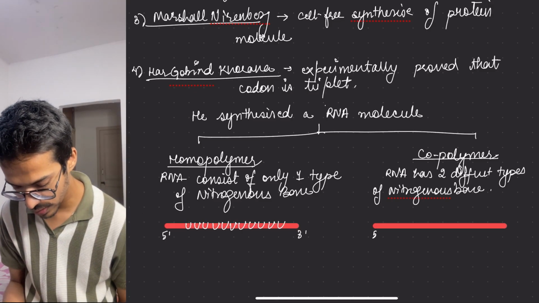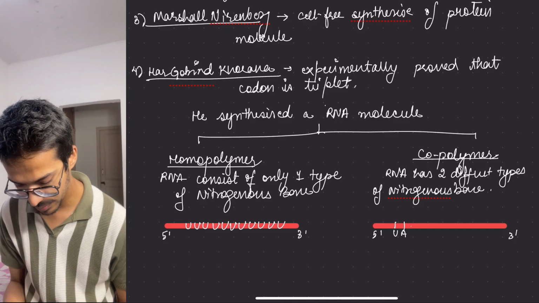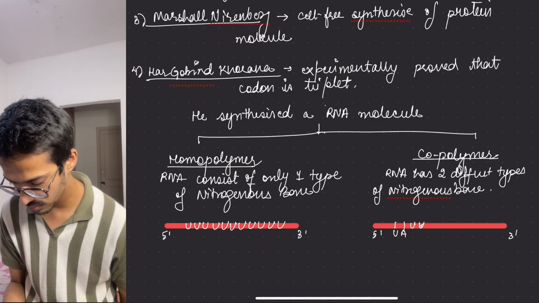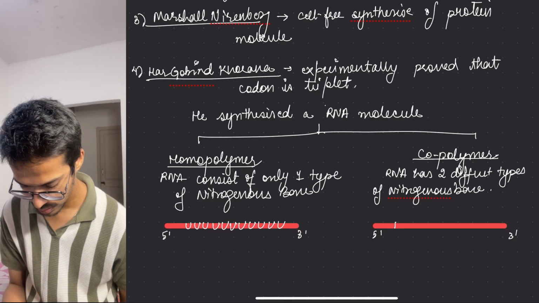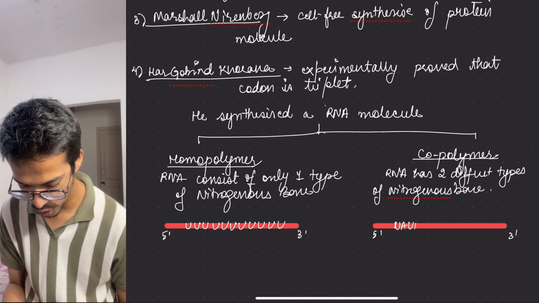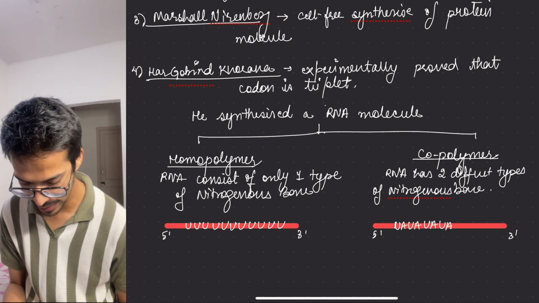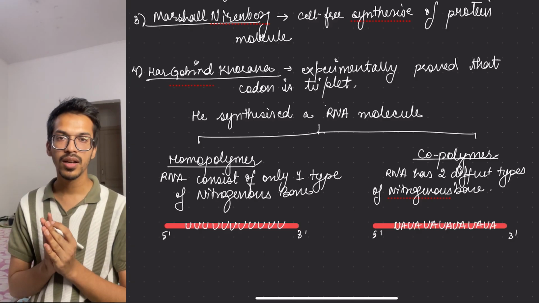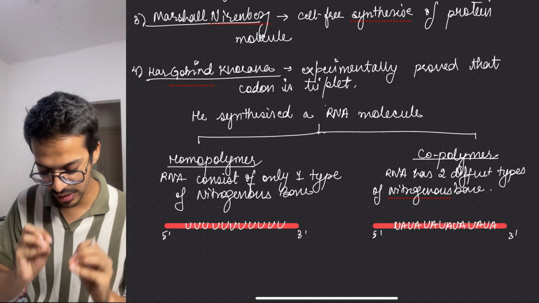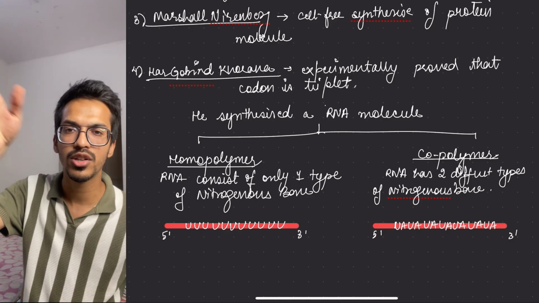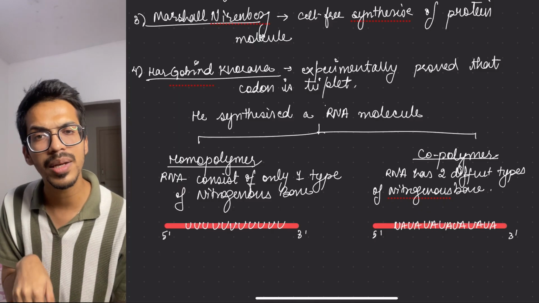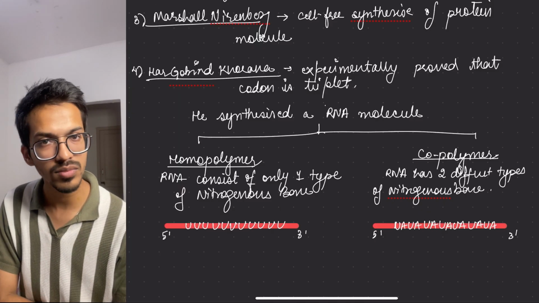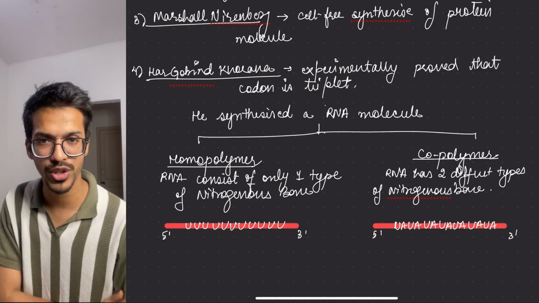Like this time he takes U and A, so it becomes UA, UA, like this. So first, he used the enzyme from the experiment of Silver and was able to make this according to his own wish.